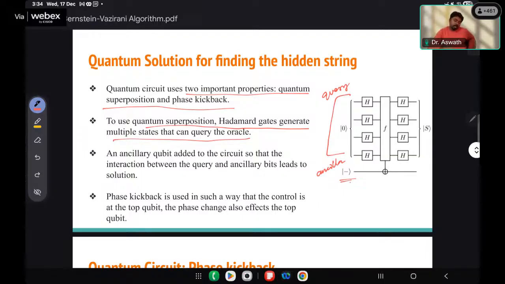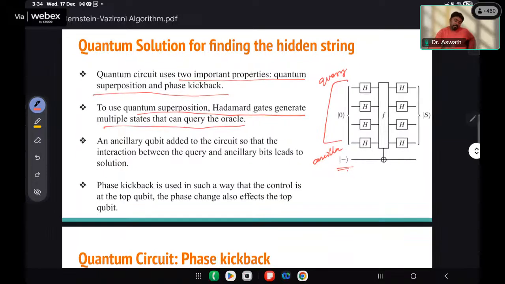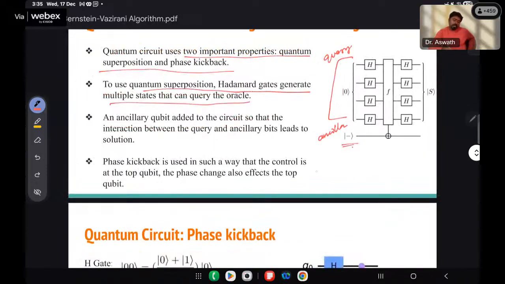Okay, and a phase kickback is used in such a way that the control is at the top qubit. The phase change also affects the top qubit. So usually we think information travels from control to target, but it does the other way around. What is that? The information travels upward, with the phase information added from bottom to top, to this f of x processing.